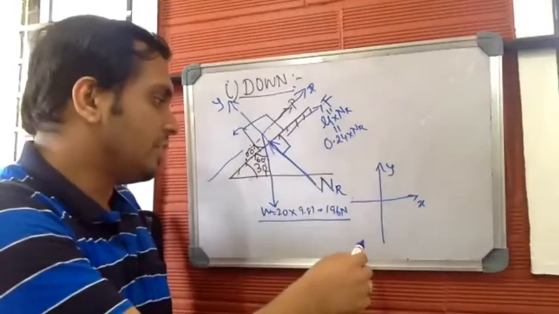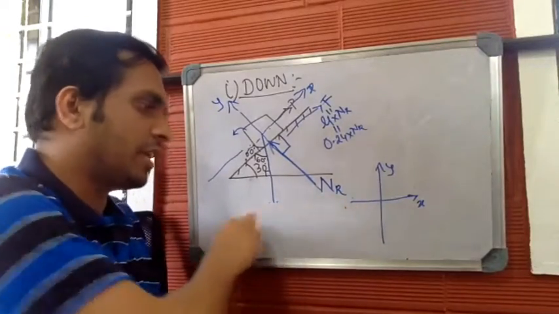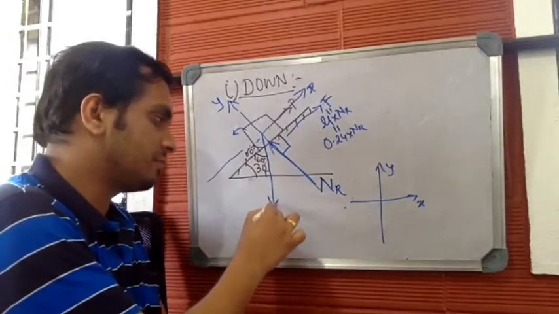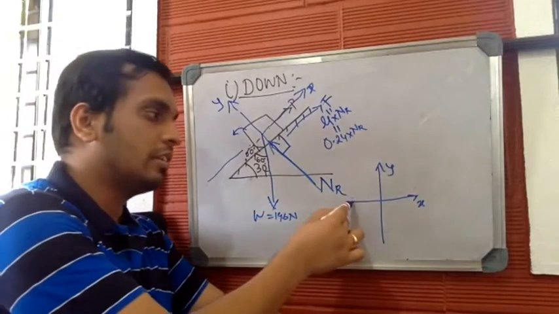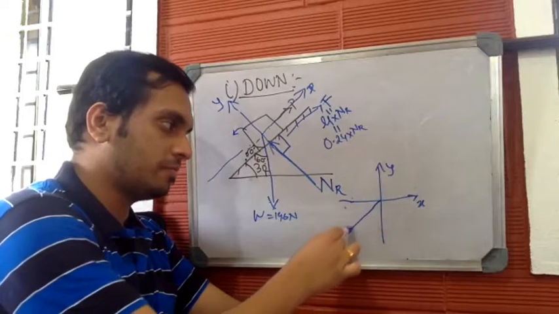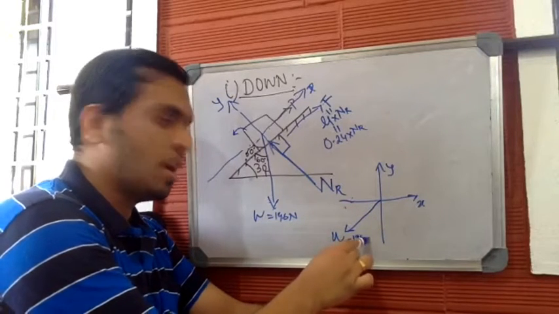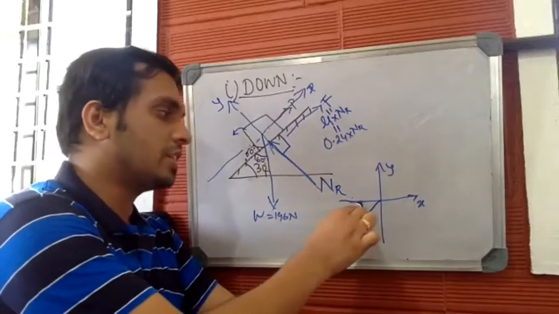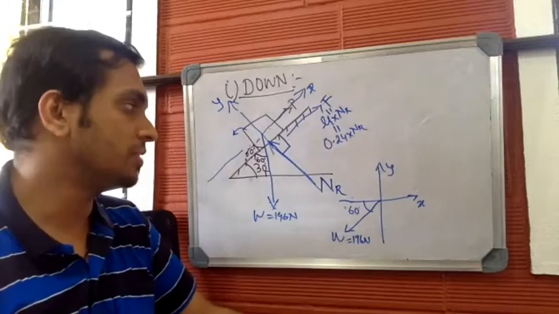So when I remove the inclination and draw it straight, self-weight W will be acting in the third quadrant here. W is equal to 196 newtons, and the angle made by W with respect to the x-axis will be 60 degrees, as we found in the previous one.